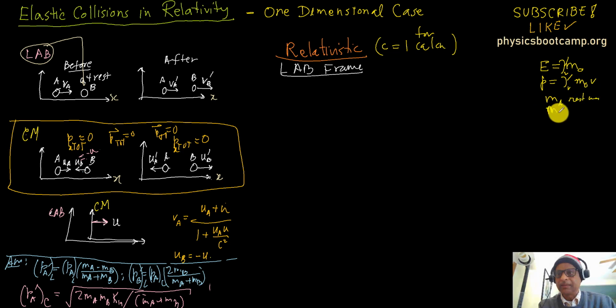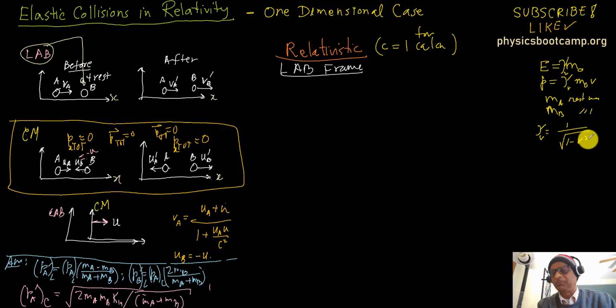Later on we need to make sure that things are unitless. Gamma is going to be 1 over the square root of 1 minus v squared, because c is set equal to 1. Of course, v has units, but gamma doesn't, which means I need to put c down here.